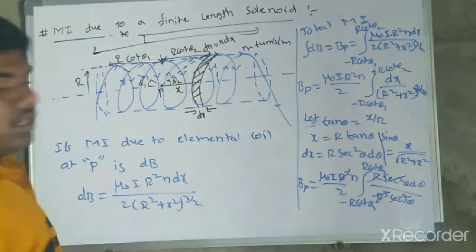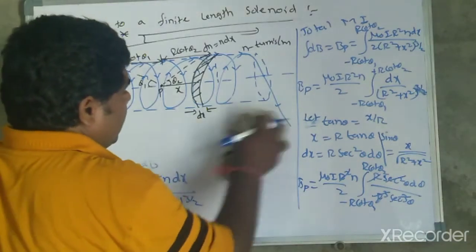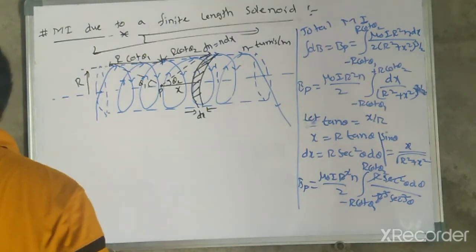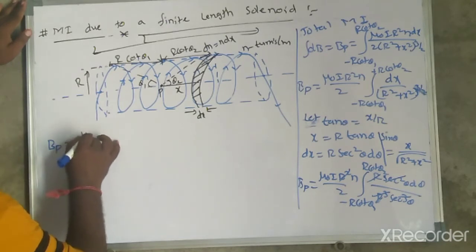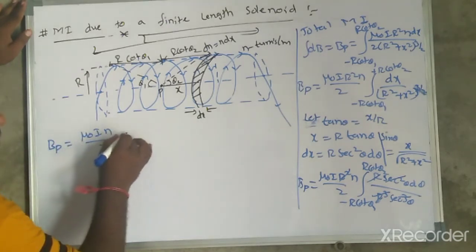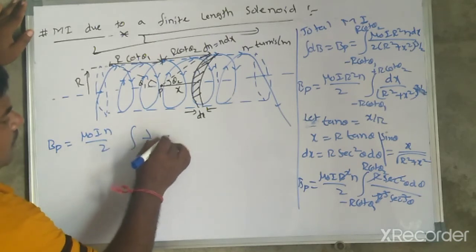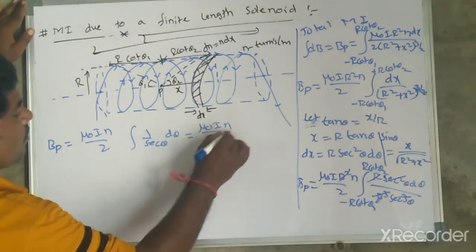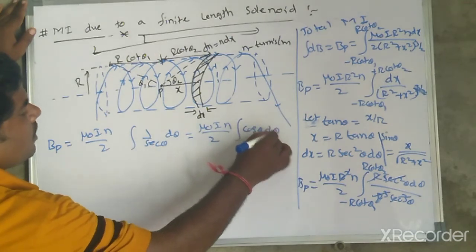So finally the remaining value: dB is equal to mu naught I n divided by 2 integral of 1 by sec theta d theta, nothing but mu naught I n divided by 2 into integral of cos theta d theta.